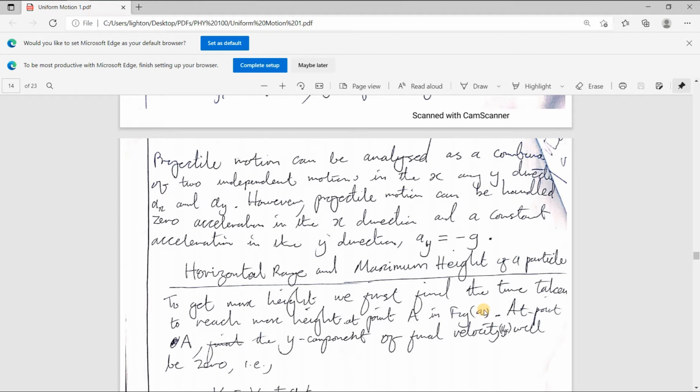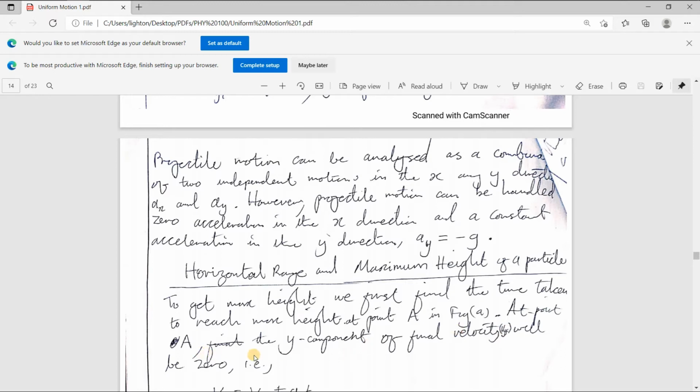To get the maximum height, we first find the time taken to reach max height at point A in figure A. Now at point A, the y component of final velocity, v subscript yf. I know it's not clear, but this is v subscript yf.